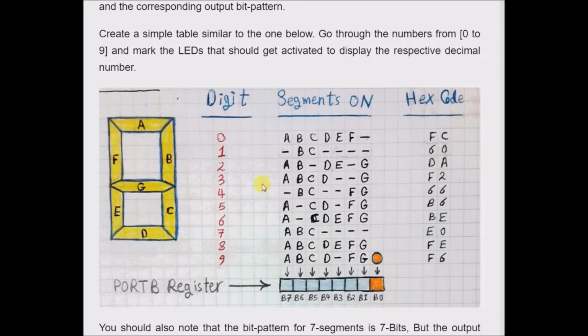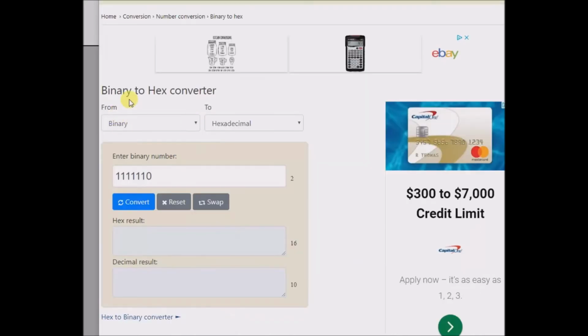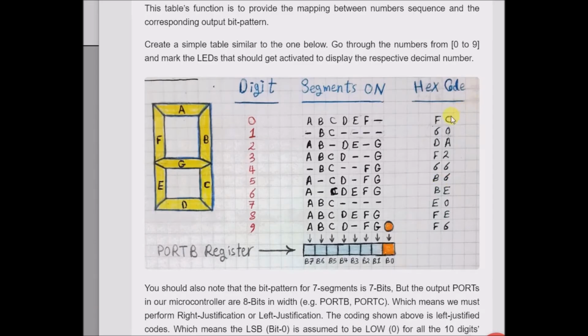Well, I'll just try it. So take number 0, A, B, C, D, E, F. Okay, so this number 0, the segments would be 1, 1, 1, 1, 1, 1, 0. So I typed this into a binary to hex converter, and 7E is the result. But that's not what he's writing here, so I better continue reading.